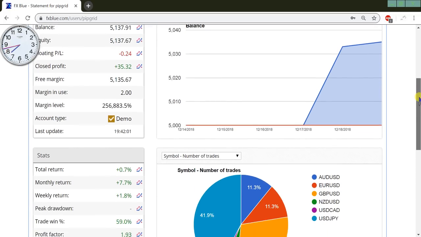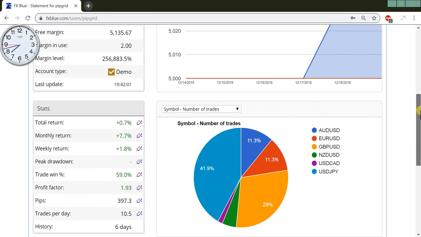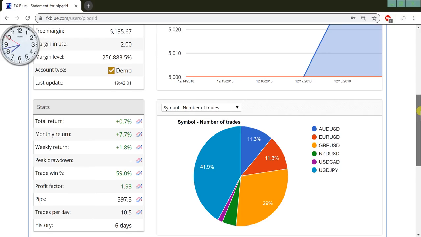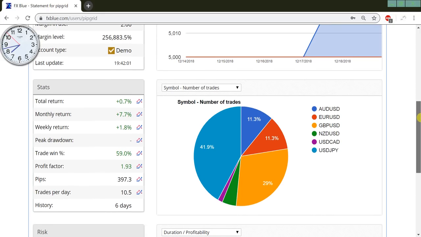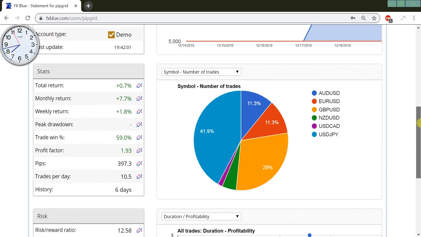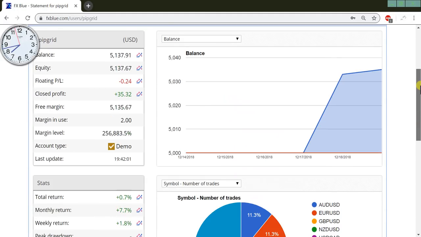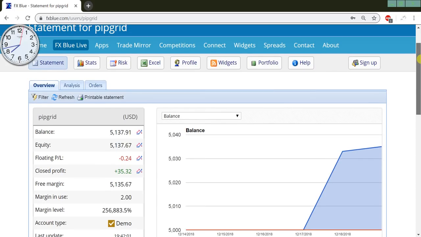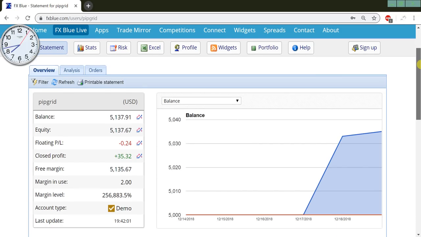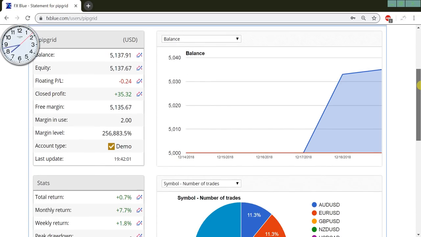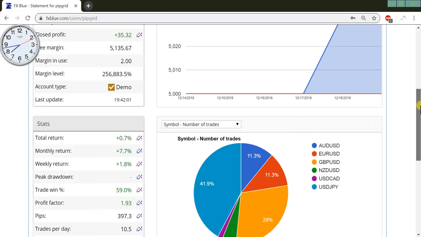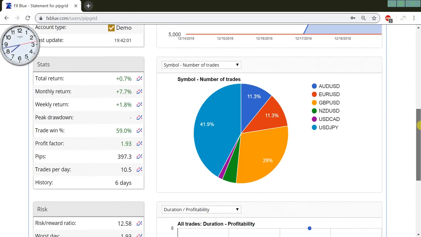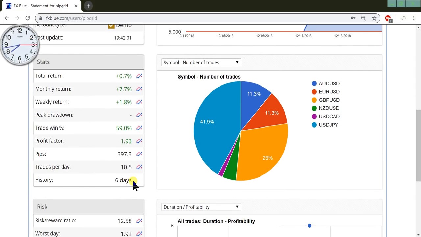Certainly nothing we want to manually trade. 10 trades per day? Seems like more than that. Anyways, 6 days. You know, it's probably confused because I had the other account coming in to this one. I'm only able to run one account at a time in here, so it's not quite 6 days.